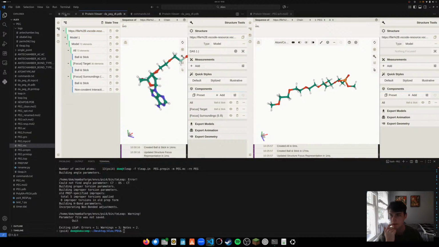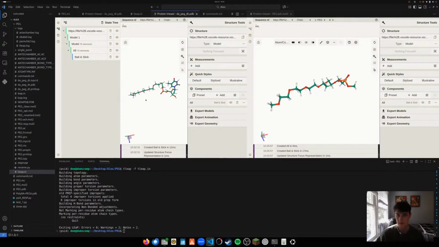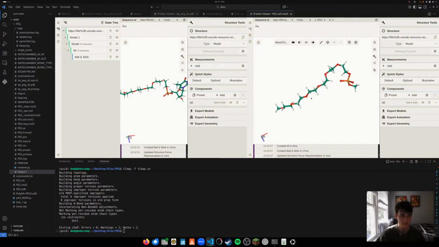I think that's the problem, because if I do this, right? If I add DT3, works fine. And I am basically including everything here.